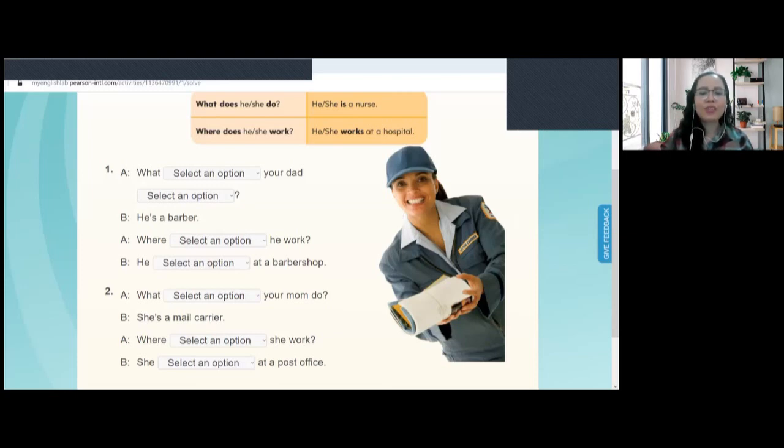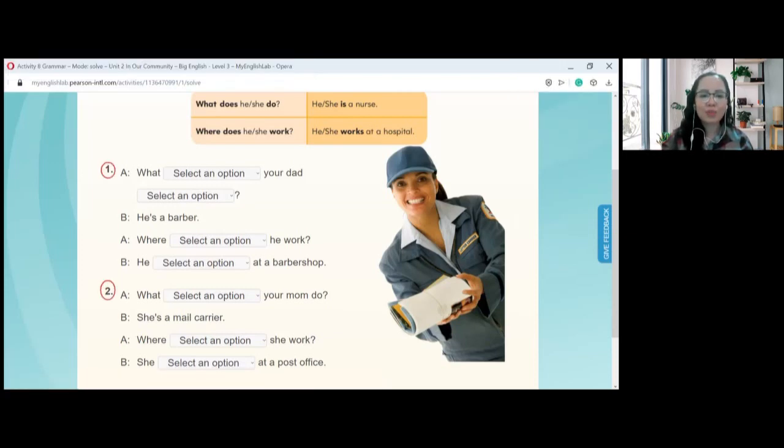The instructions on your workbook, you have to complete these dialogues. Dialogue 1 and dialogue 2. Using the words in bold that you can see from the grammar box at the top.